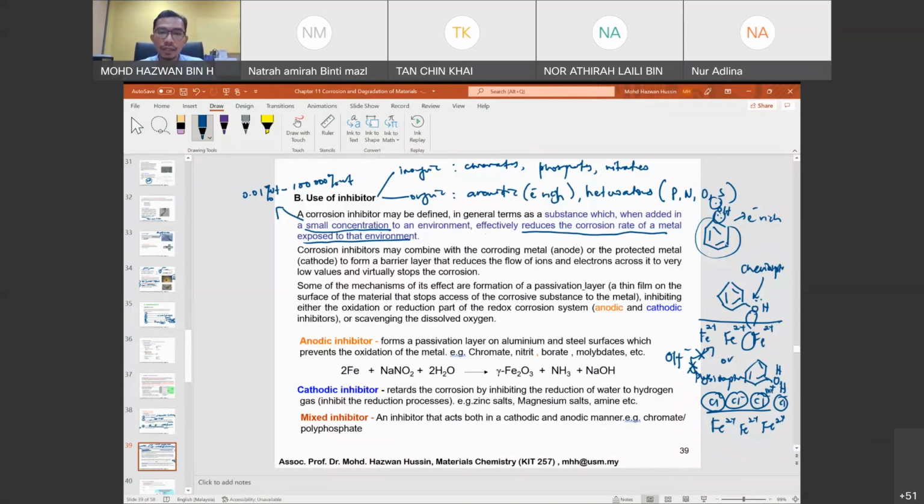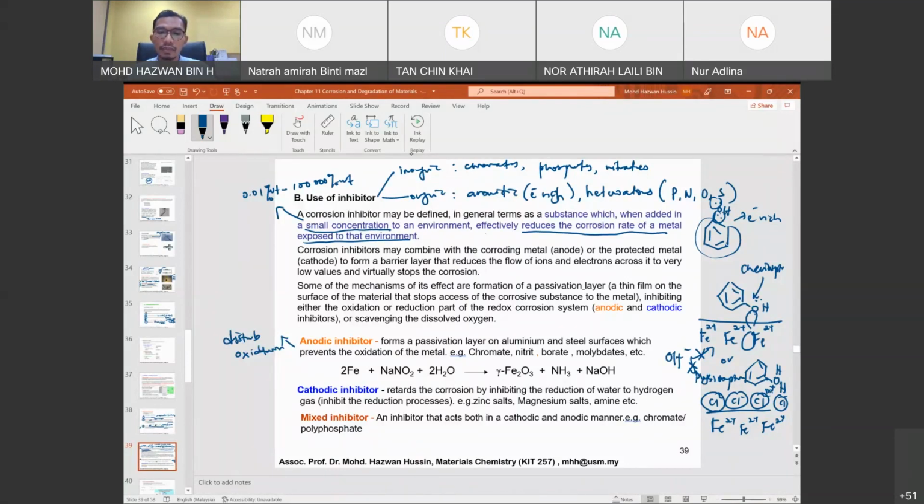And then for corrosion inhibitors, even though I told you that there are inorganic or organic inhibitors, that is the class of inhibitor. We can also categorize inhibitors as anodic inhibitor. Anodic inhibitor means an inhibitor that jeopardizes or disturbs the oxidation process, so we call it an anodic inhibitor.